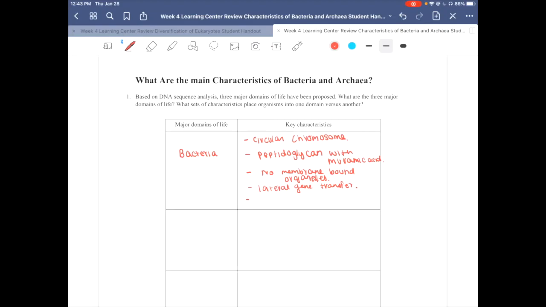And also, all bacteria use the same type of RNA polymerase. Yeah, and like the no membrane-bound organelles, I just want to reiterate that bacteria and archaea both display prokaryotic cell structures.